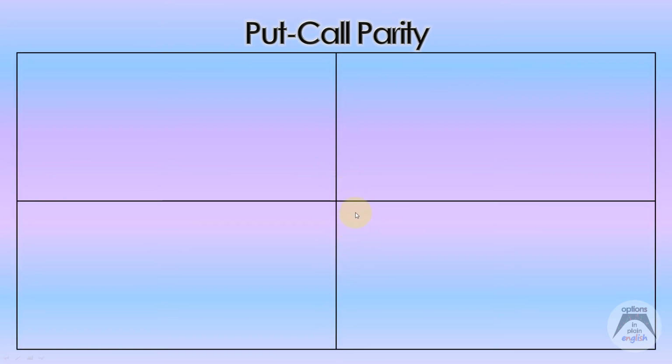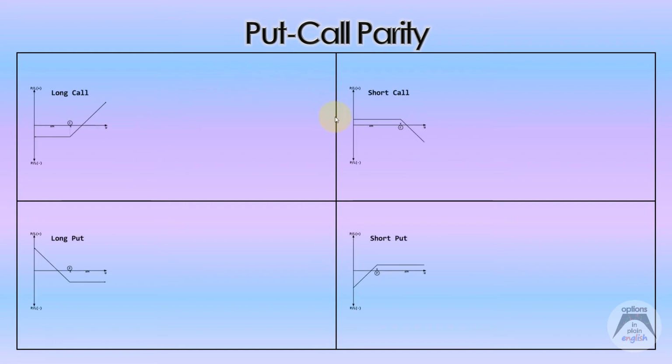So if we deconstruct the formula and we get the equivalence for all of the individual elements, we're going to get what a long call, a long put, a short call, and a short put are. So if I want to replicate the value of a long call, how can I do this?